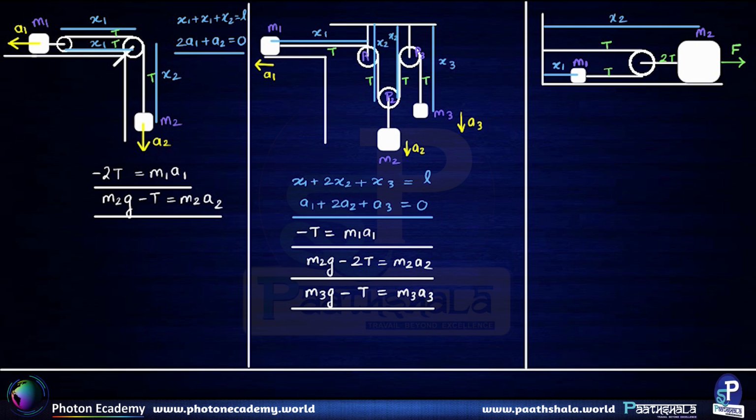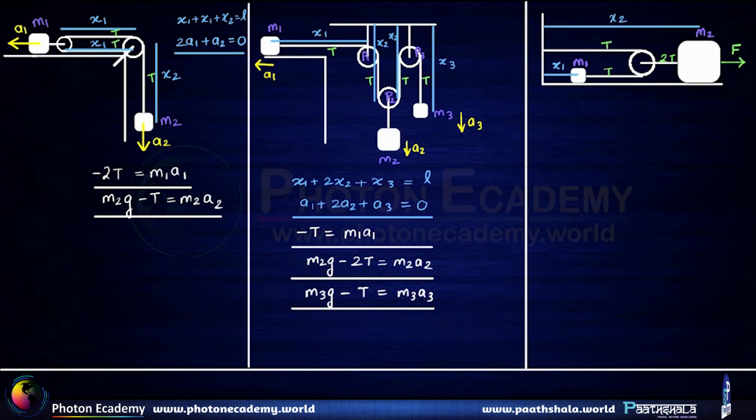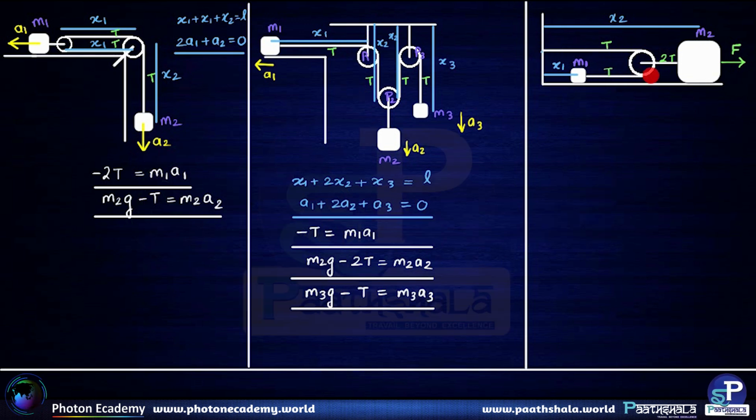So in order to deploy the constraint motion equations over here, we'll have to understand that this much length is effectively scaling as x2. So this part of the string is scaling as x2, and this part of the string is scaling as x2 minus x1.